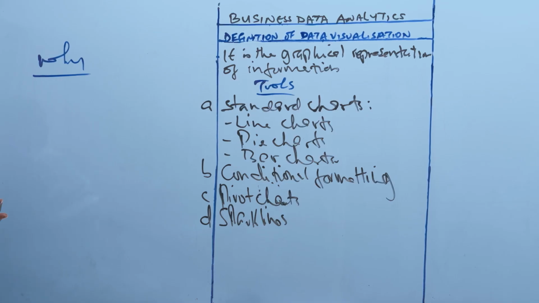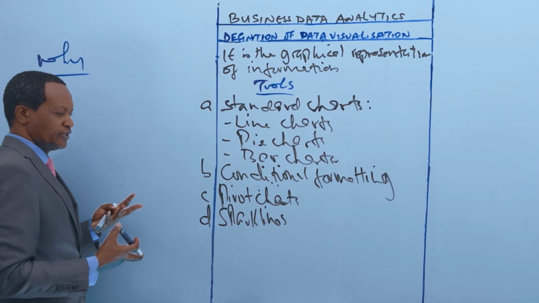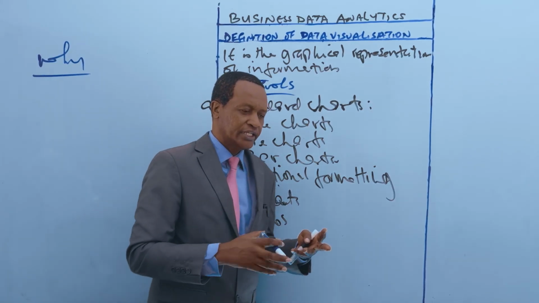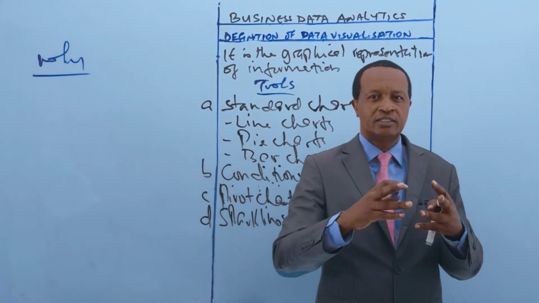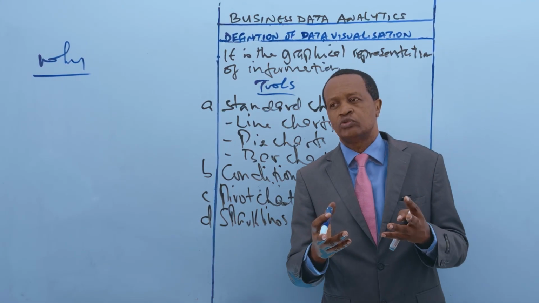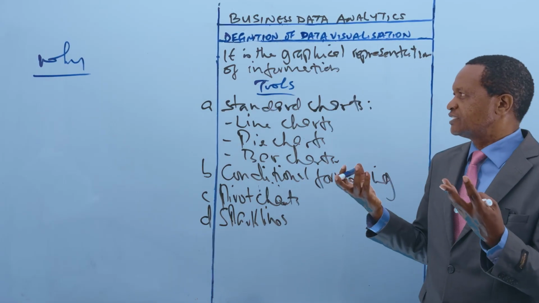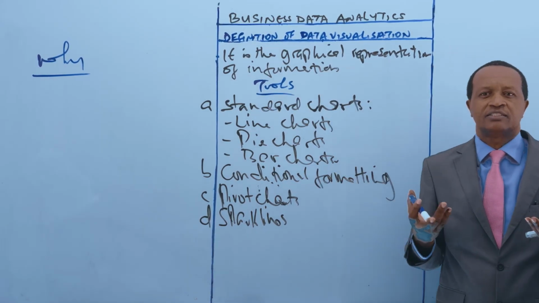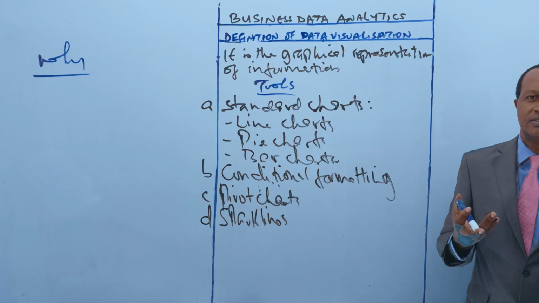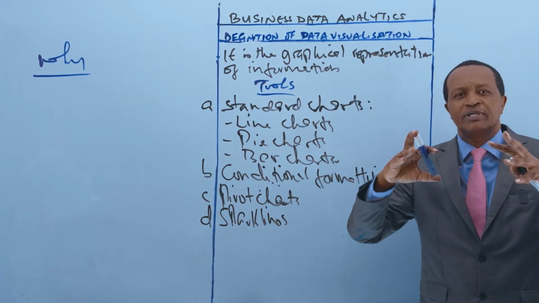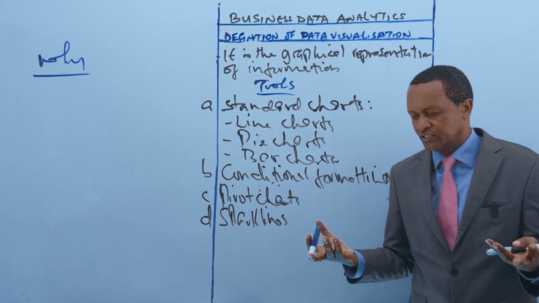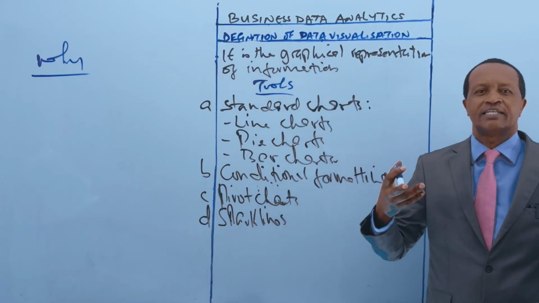Now, we need to understand that the human brain is wired to process images much faster than numbers and text.